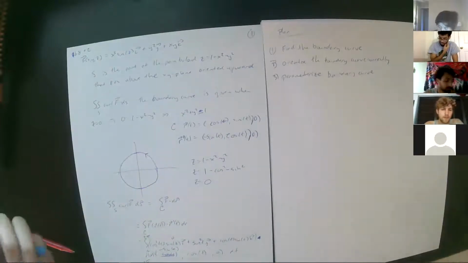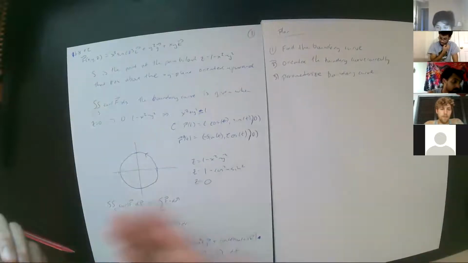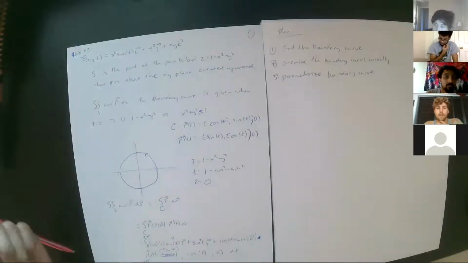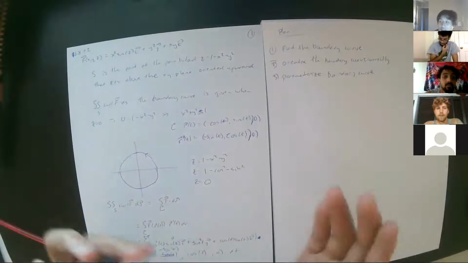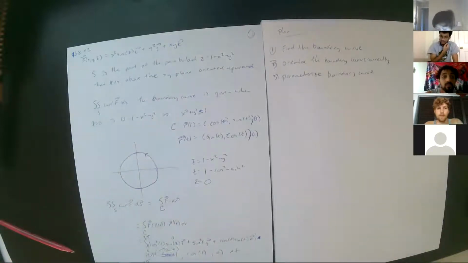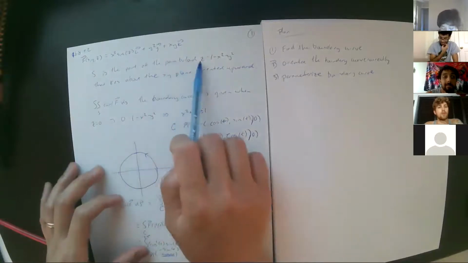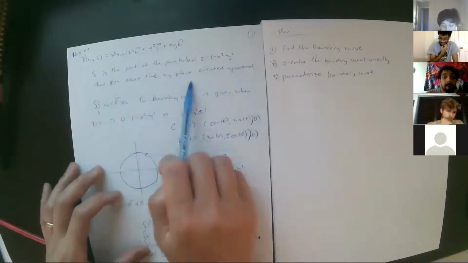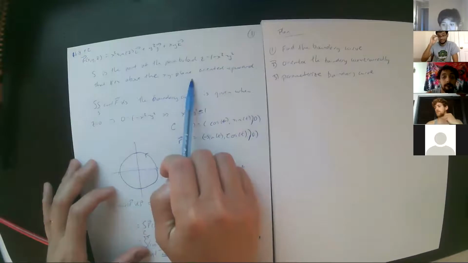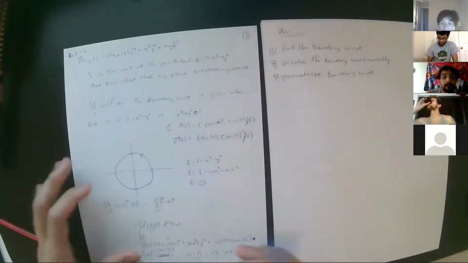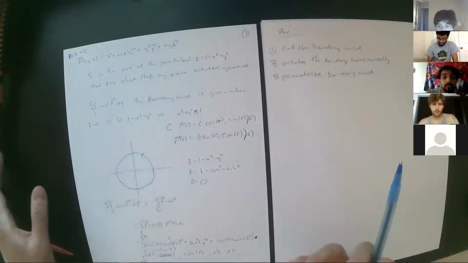Did that answer your question? Yosin's question was, why did we choose z equals 0 here? That is 100% by virtue of how the surface was described. It says right here, this paraboloid that is above the xy plane, so this description says everything above z equals 0.